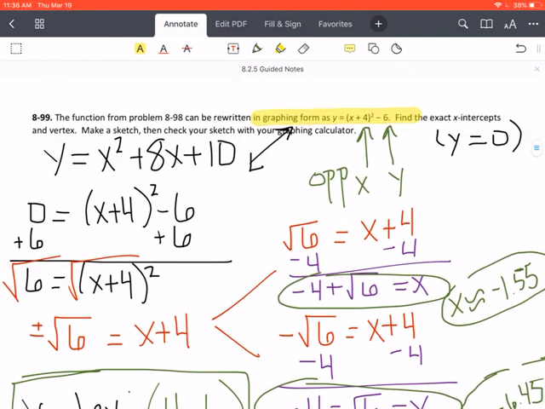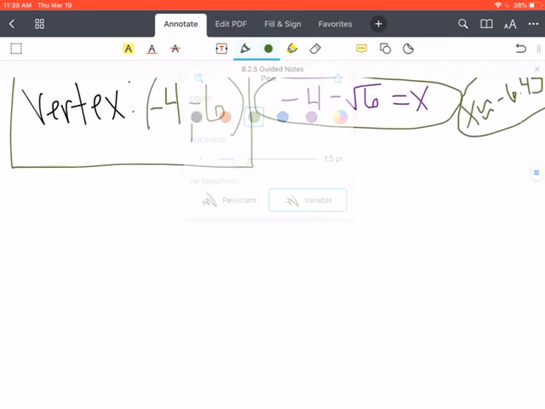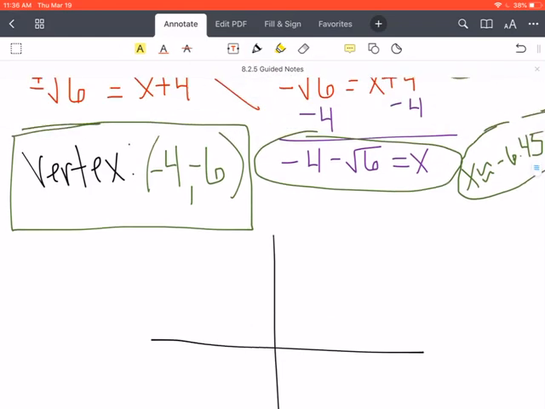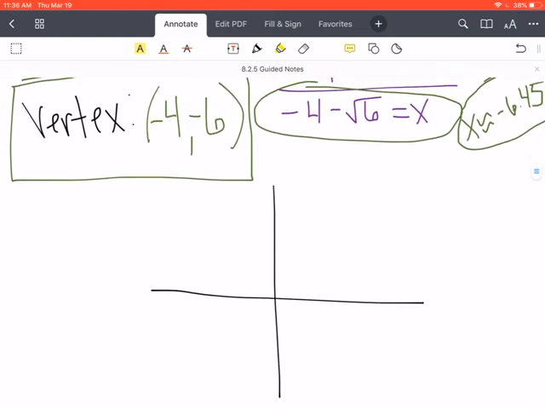So now finally it says let's make a sketch so that you can see it all come full circle. So go ahead and draw in your coordinate plane. Okay, and we are going to need to graph -1.5 and -6.5-ish.